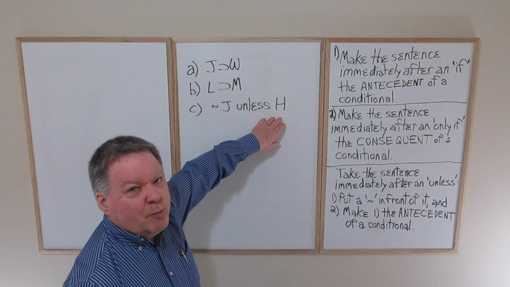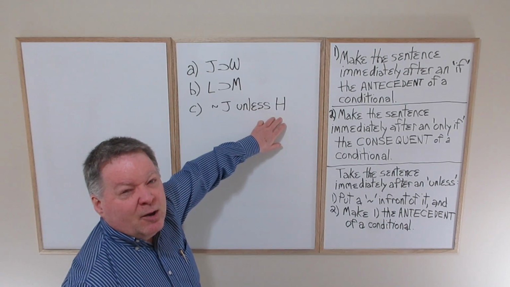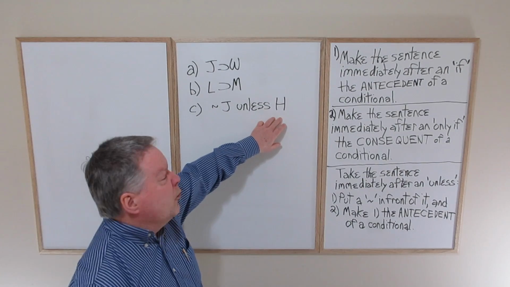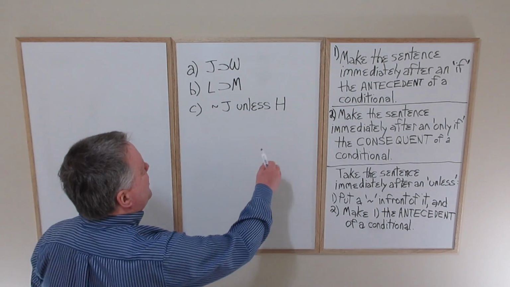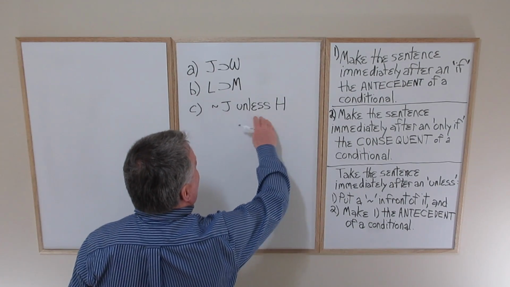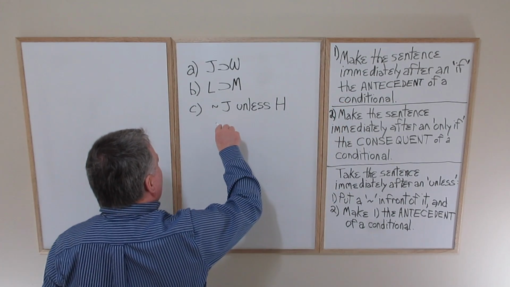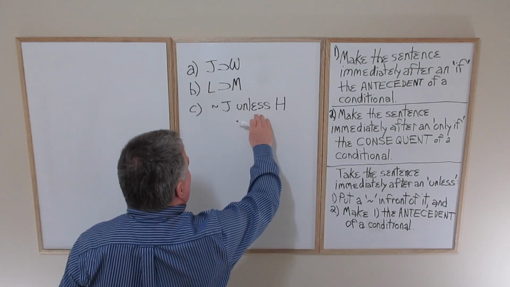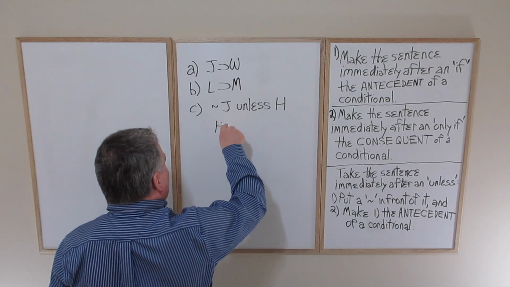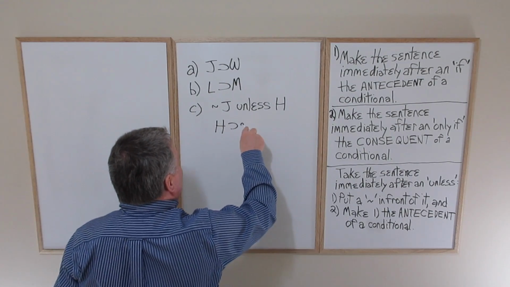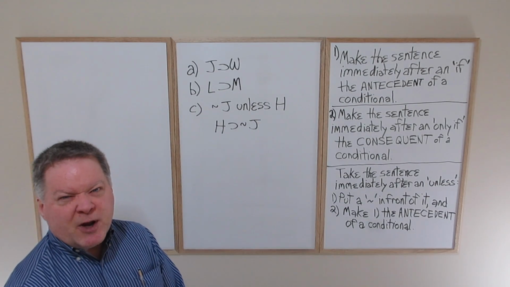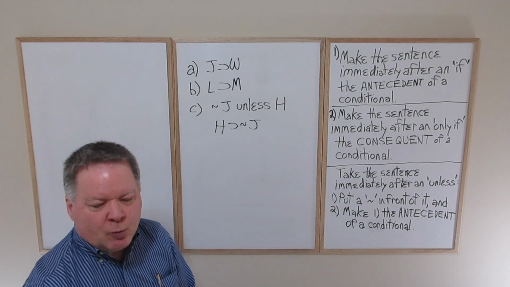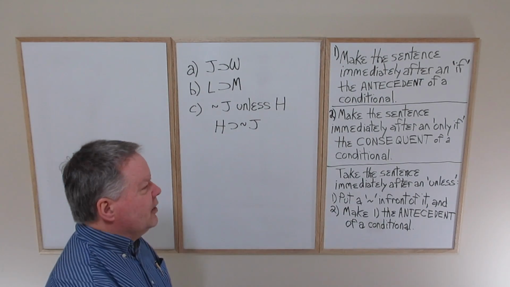So what do we do with the unless? Does what comes immediately after it become the antecedent or the consequent? Well, let's try. Suppose we treat the word unless like the word if. So what comes immediately after unless becomes the antecedent, the other part becomes the consequent. If he's very hungry, then John won't make supper.